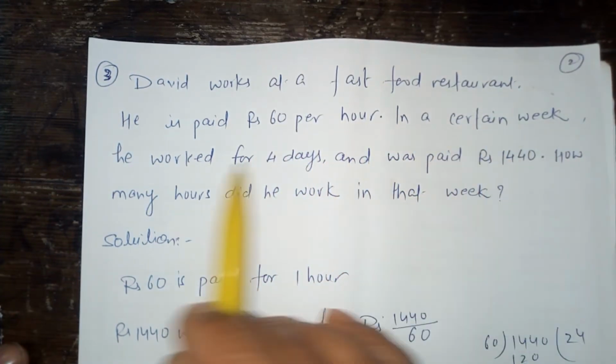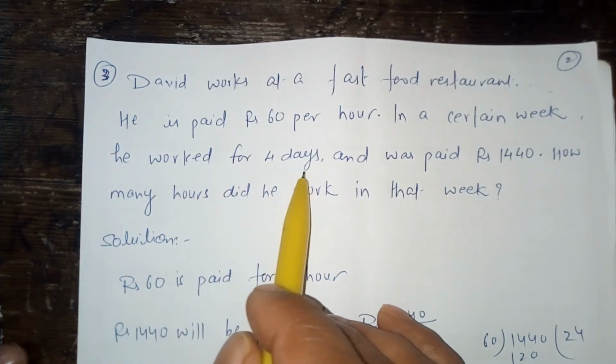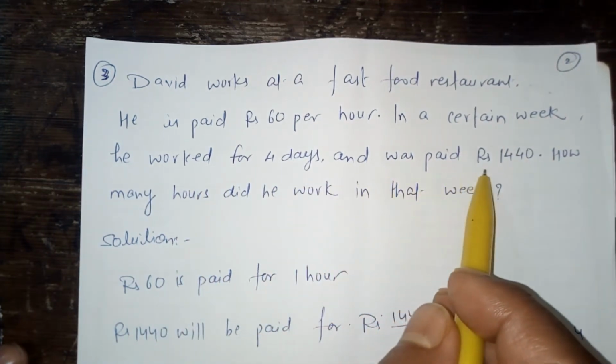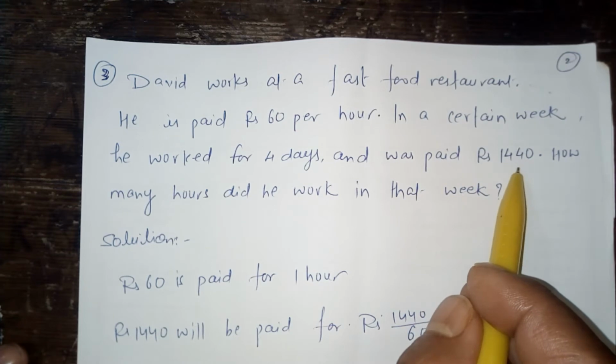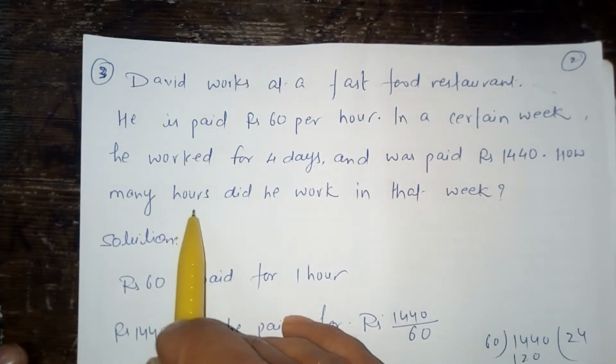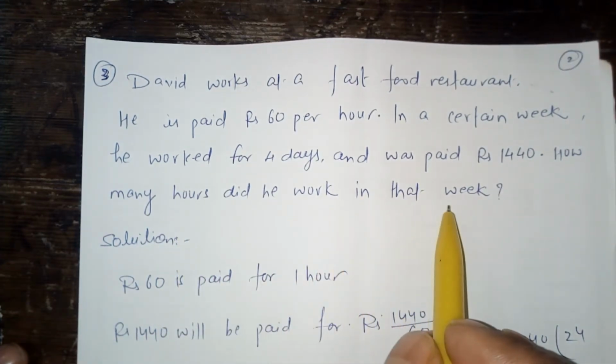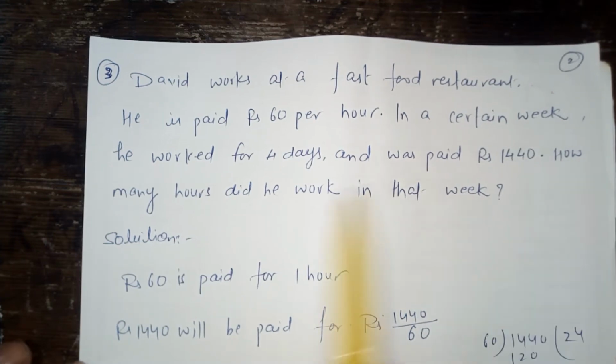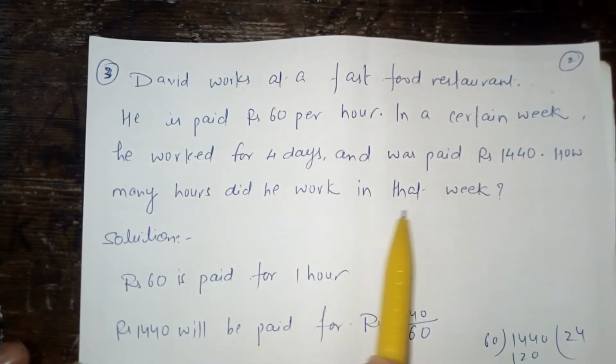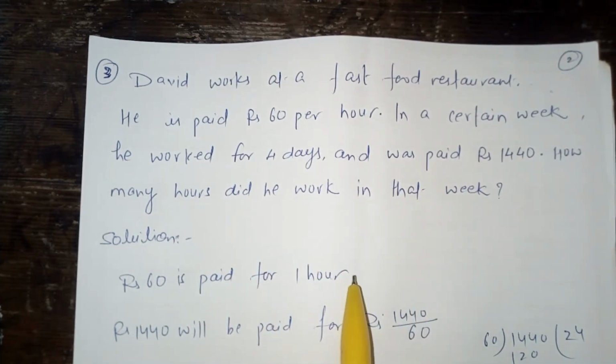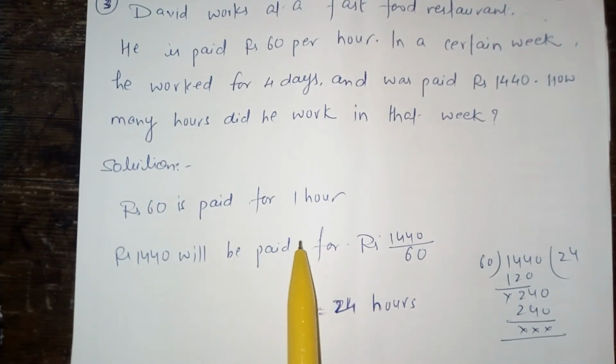In a certain week he worked for 4 days and was paid rupees 1440. How many hours did he work in that week? My dear student, in this question we will apply the division procedure.